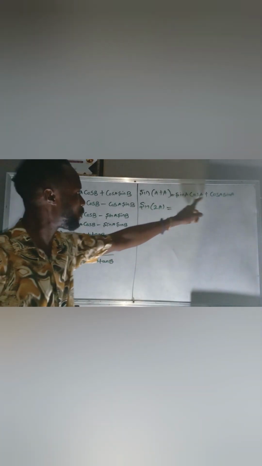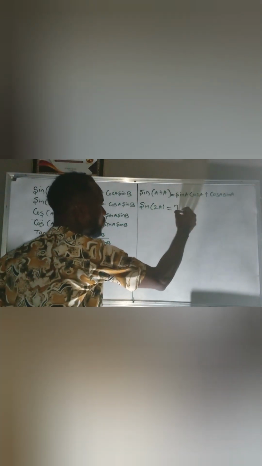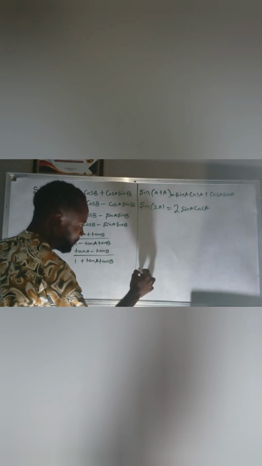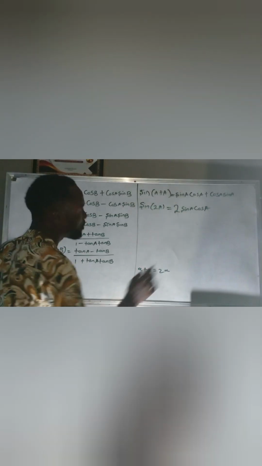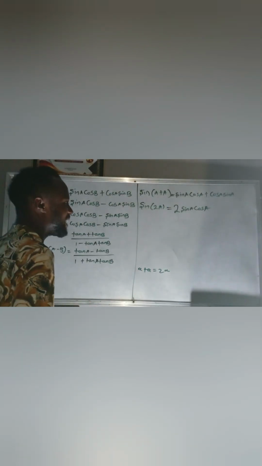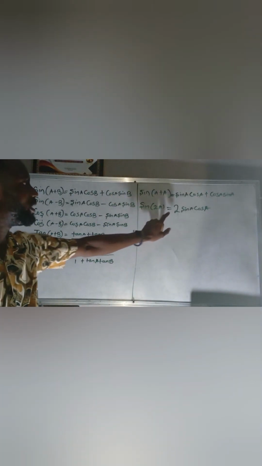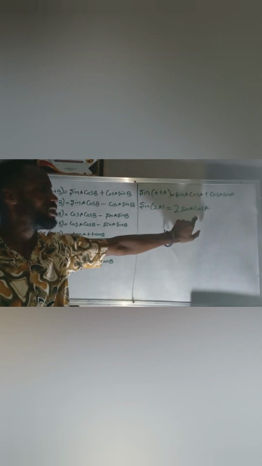So this is 2 sine A cos A, just like saying A plus A. A plus A is 2A, is it not? So sine A cos A plus cos A sine A gives us 2 sine A cos A. So that means that anywhere in trig you see sine 2A, it is equal to 2 sine A cos A. That is it. This is one thing for you to know.